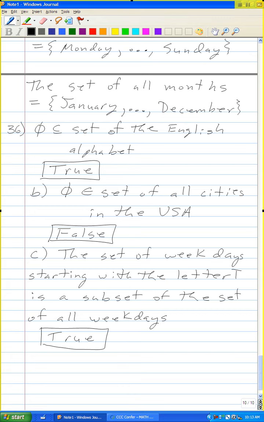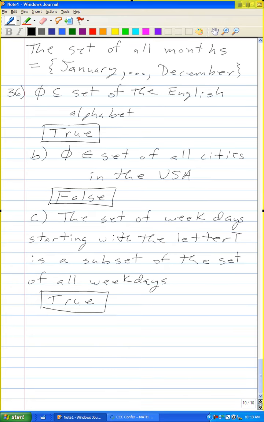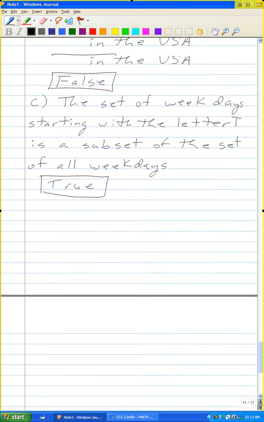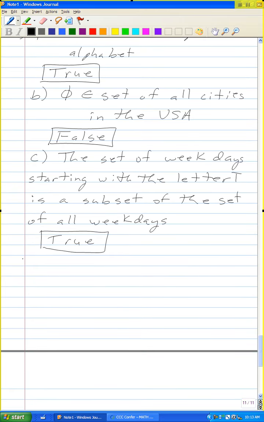Okay, so let me do 37. In exercises 37 through 41, compute the indicated set operations using the following sets.